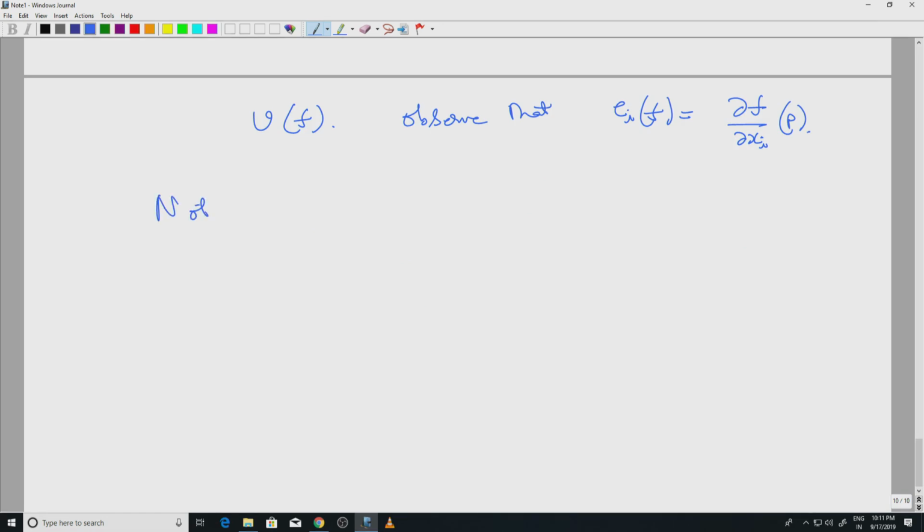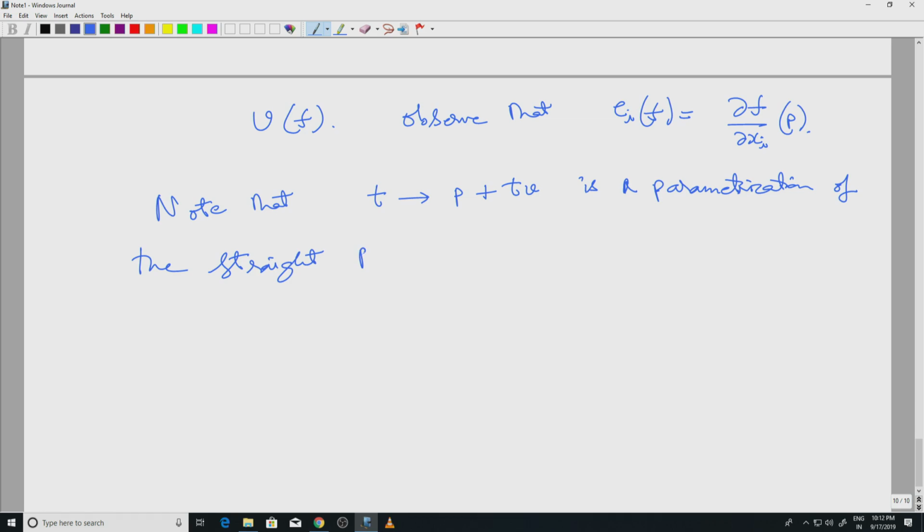Note that t going to p plus tv is a parameterization of the straight line passing through P in the direction v.